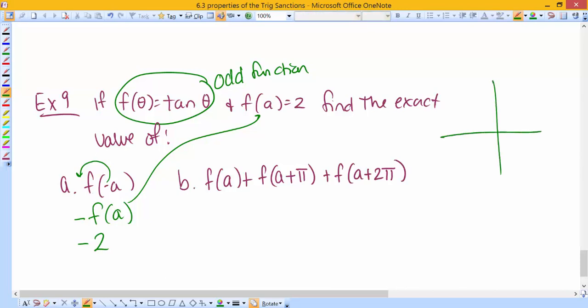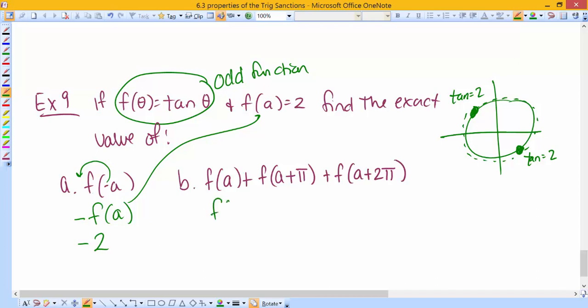So if I am starting on the circle here, I could go around 180 degrees, and I'm going to end here. If my tangent is 2 here, my tangent will be 2 there. And then if I go where I've traveled an entire 2 pi, my tangent is still 2.